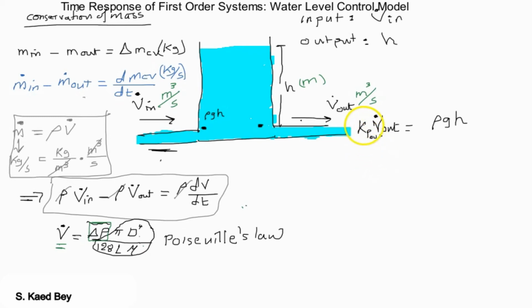So we denote a constant K to represent all of the terms other than the pressure difference and the volume flow rate. Or perhaps we can just call it P out. So this is our first equation.